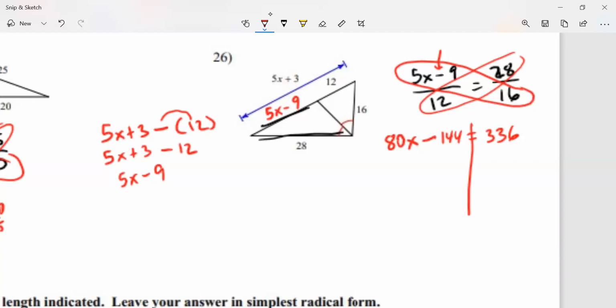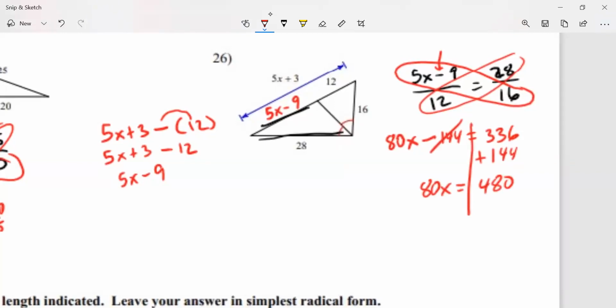Let me separate my sides with the equal sign. I want that term that has the x by itself. So this minus 144, I want to move it to the other side. Let me move it over as a plus. Got to switch the side. Plus 144. So that's going to give me that 80x is equal to 480.